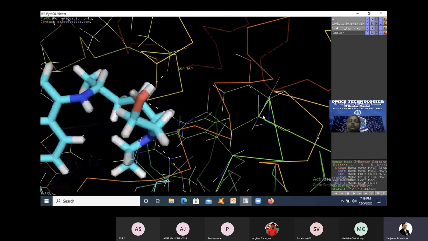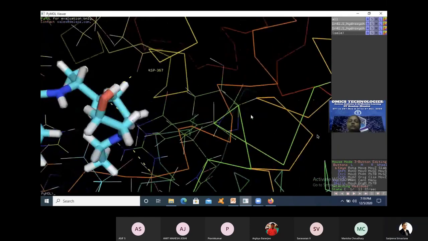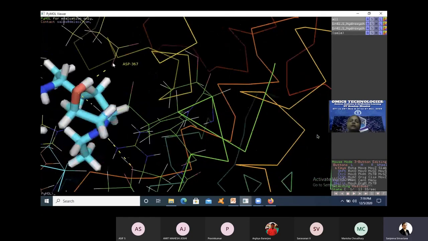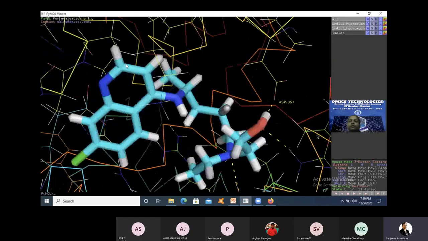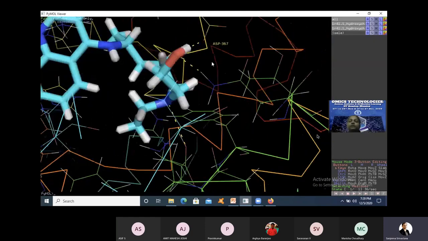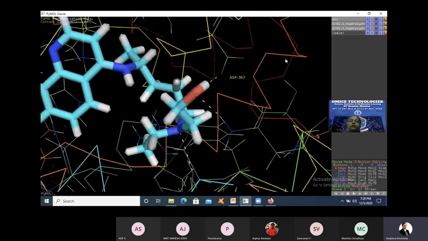And this interaction is between, these red colors are the oxygen, these whites are the hydrogen. So this is a hydrogen bond interaction. These kinds of structure visualizations can be done, and several other features are also there that can be explored. These softwares are freely available online, which can be tried.